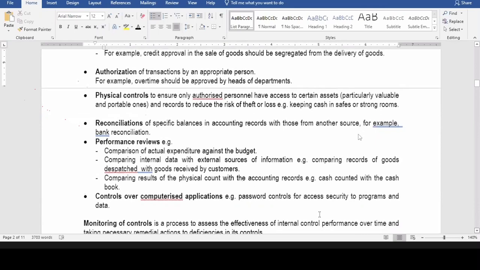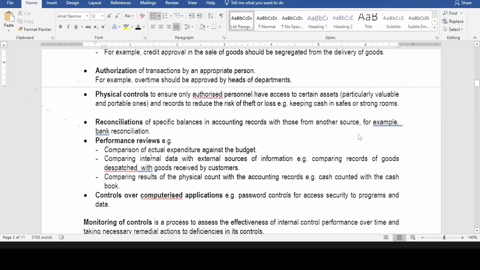Performance reviews. We compare, for example, actual expenditure against the budget. The money given is supposed to be for a year, so at the end of the year we have to compare the actual expenditure against the budget.